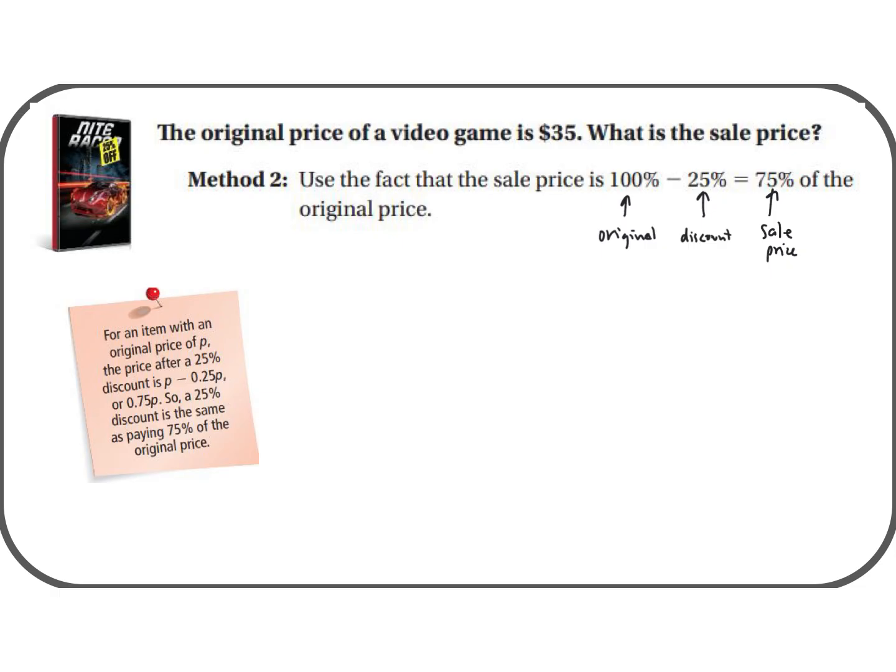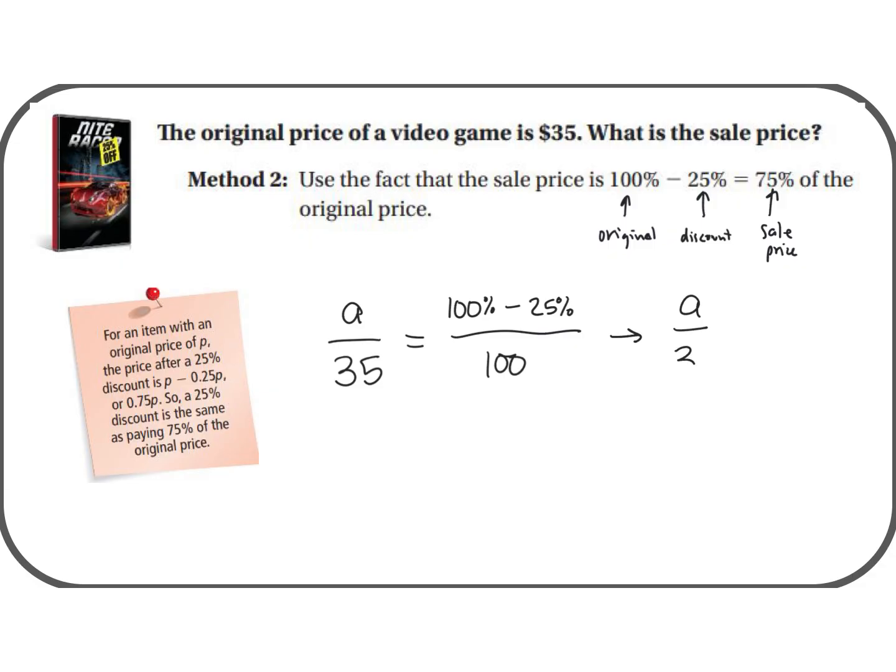So another way that we can think about this is we can have the exact same setup to begin with, so A over 35, except what we can do is say the original percent, 100, minus my discount percent, will tell us how much of the original price I am paying. Okay?